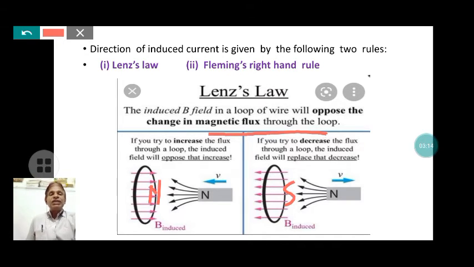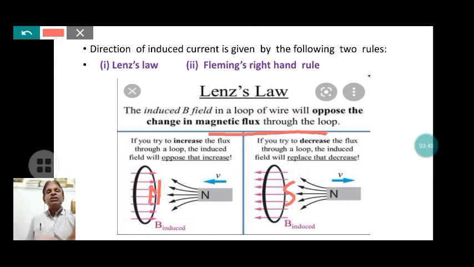That opposes the movement of the magnet. Here it attracts the magnet, which opposes the decrease of the magnetic field through the coil. That is the law given by Lenz, by which we can determine the direction of the induced current.